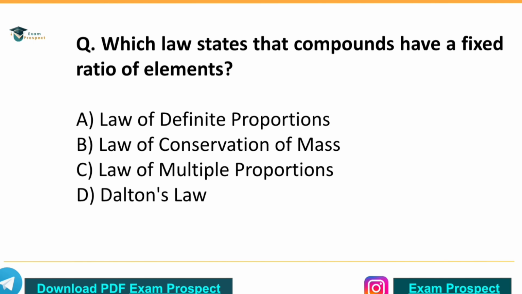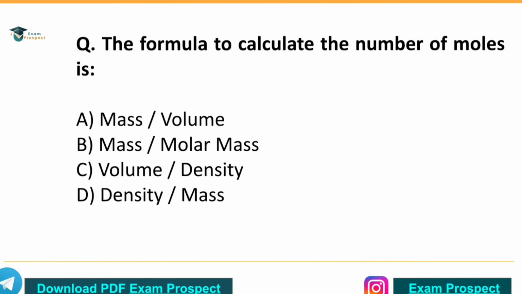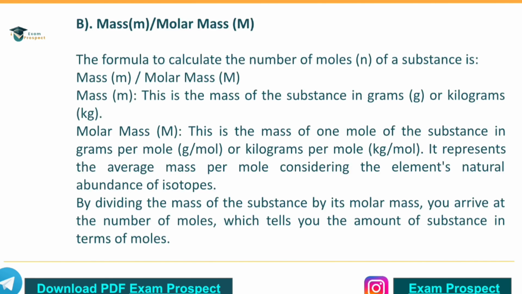Next question, which law states that compounds have a fixed ratio of elements? The correct answer is option A, law of definite proportions. Next question, the formula to calculate the number of moles is. Correct answer is option B, mass divided by molar mass.